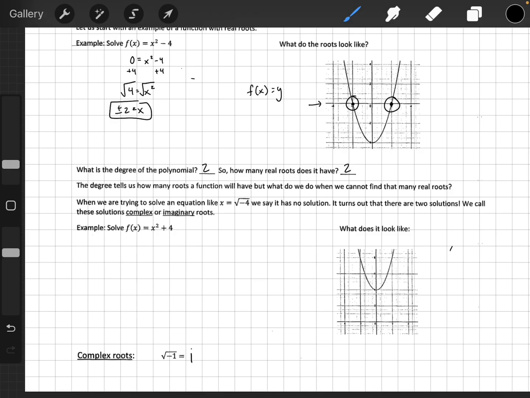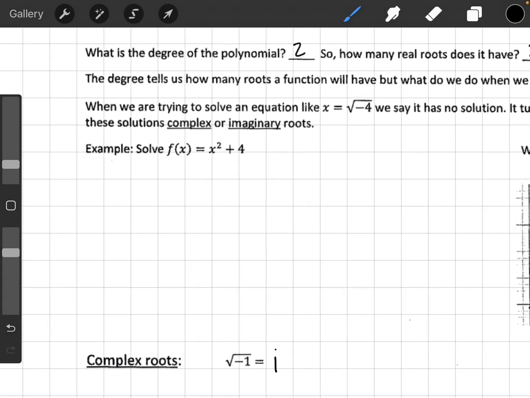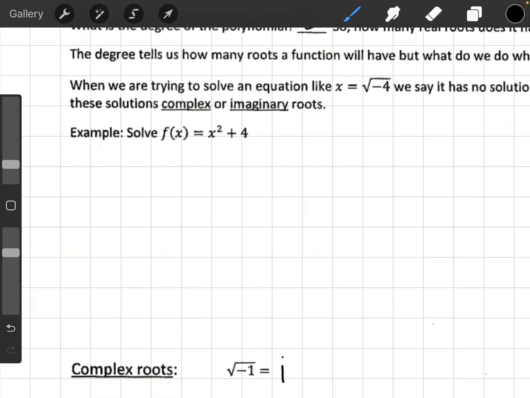But what do we do when we cannot find that many real roots? When we were trying to solve an equation like x equals the square root of negative 4, we say it has no solution. It turns out that there are 2 solutions. We call these solutions complex or imaginary roots. So we'll solve this one as an example. Set f of x equal to 0.